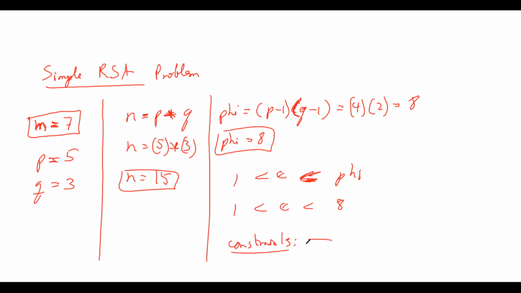Those constraints are actually something called GCD. I'll explain the GCD in a second. But for now, just to keep it simple, because that will require us to do exercises just in GCD itself, let's just pick a value.